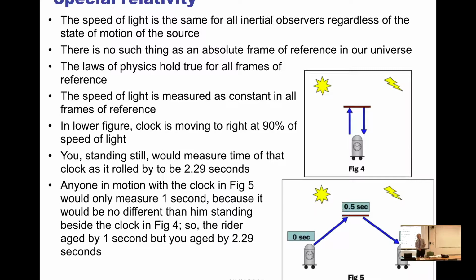Then Einstein in 1905, one of his four great discoveries was special relativity. General relativity refers to the curvature of space in the vicinity of a massive object. Special relativity refers to the fact that the speed of light is the same for all frames of reference, whether you're stationary or moving.